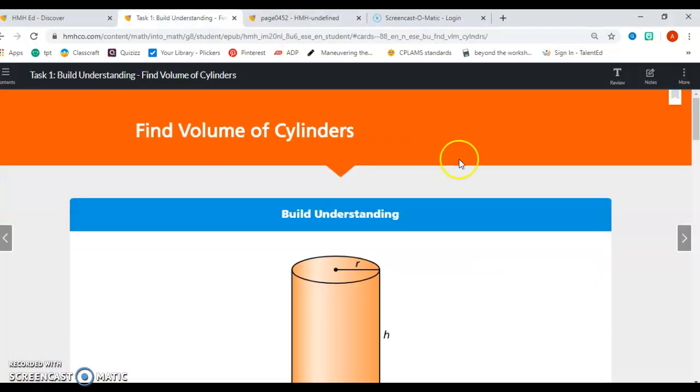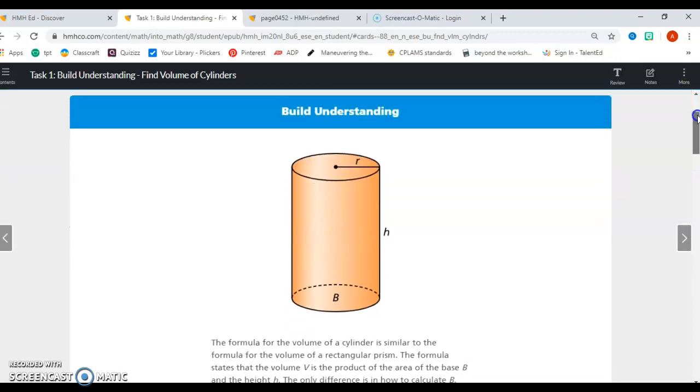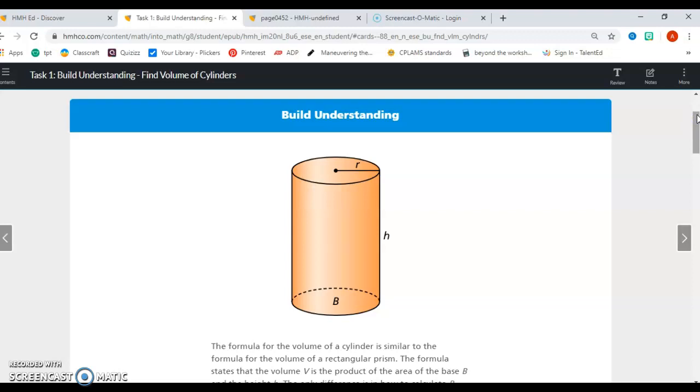All right, so here we are. Unit 14, Lesson 1. We have a cylinder. And here they're identifying the area of the base using the big B. Area of the base is a capital B. Height is a lowercase h. And the radius is a little r.